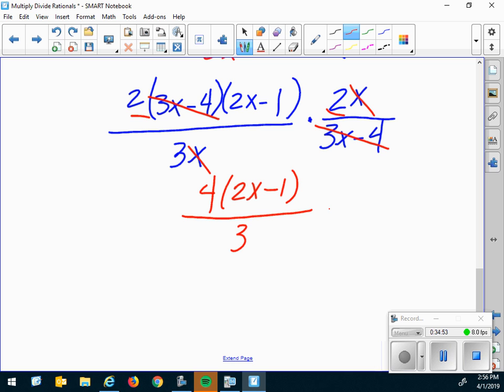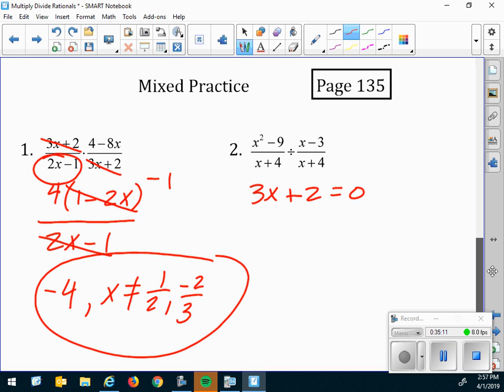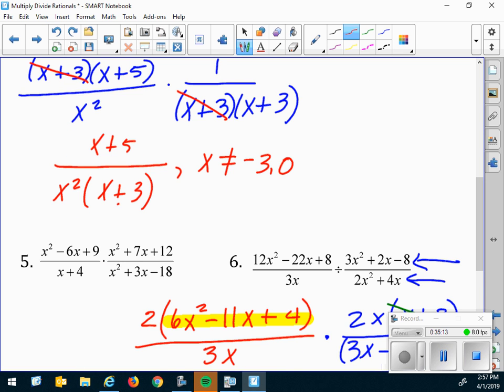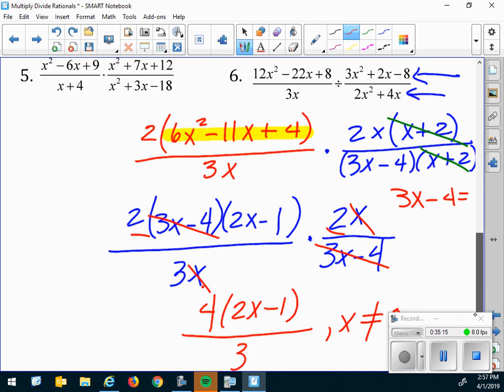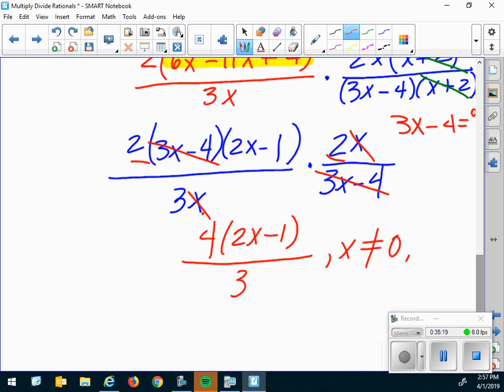Any x values that we have to leave out? What about from here? 0. No, you're close. Add 4 and divide by 3.